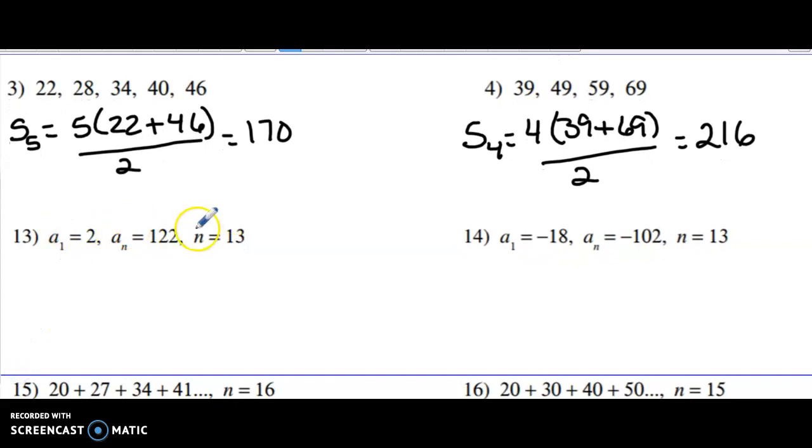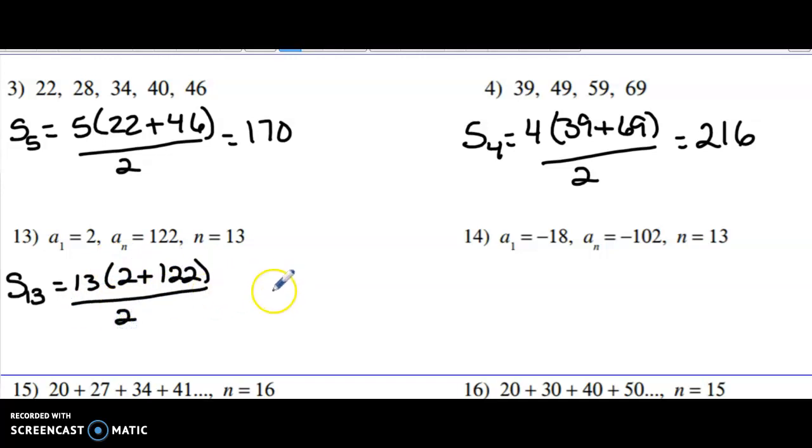This one's a little bit different. Although I know my n, I know my first term, I know my a sub n term. So I can still plug it into my formula. So S sub 13, that's my n value, is equal to 13 times 2 plus 122 all over 2, and that gives me 806.